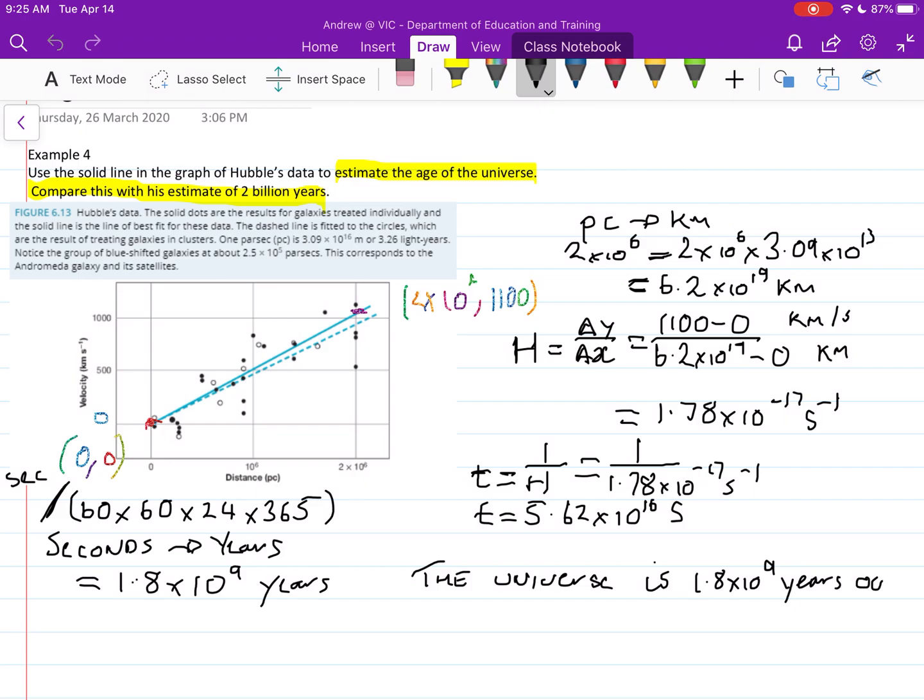Okay, so, and we just need to compare this to his estimate of 2 billion years. So 1.8 by 10 to the 9 years old, this is actually 2 billion years to one significant figure. So it's consistent with Hubble's estimation.